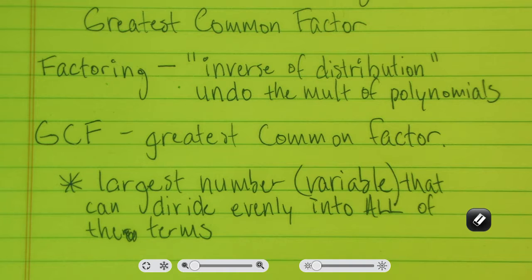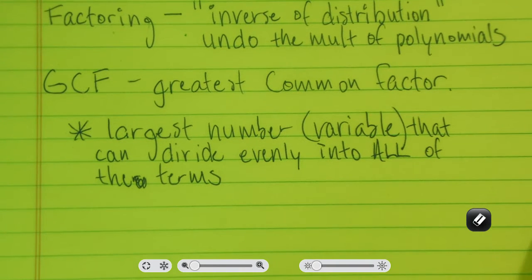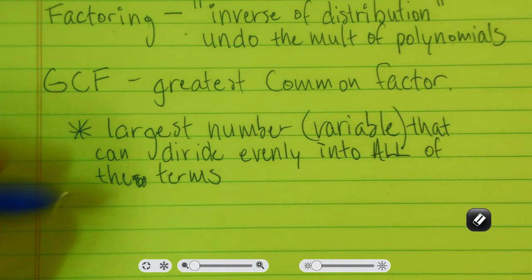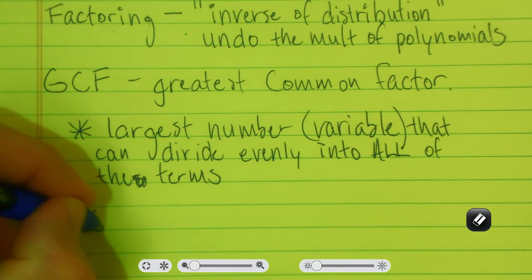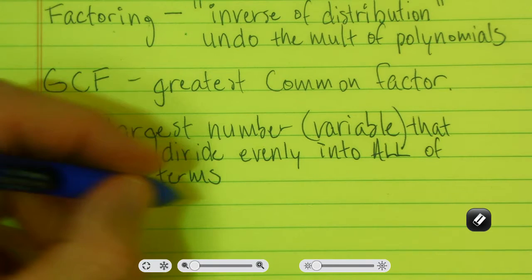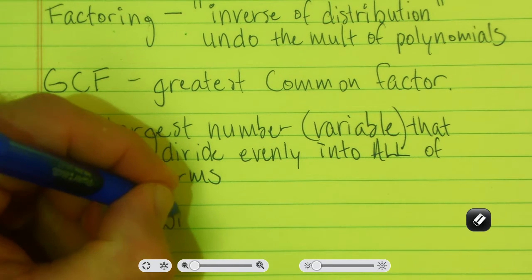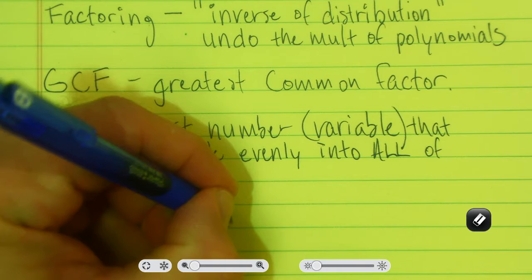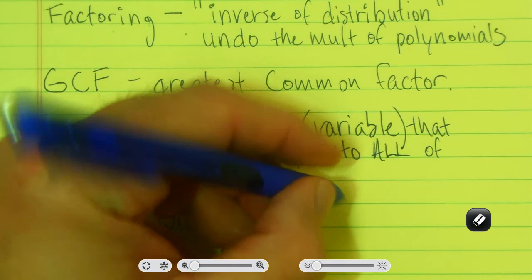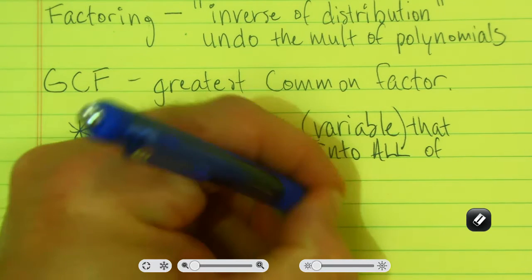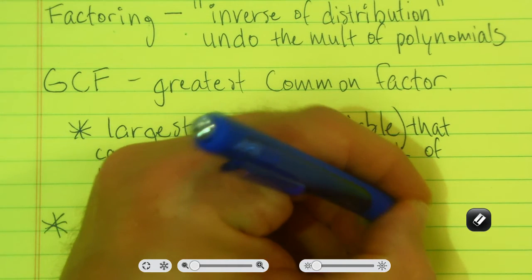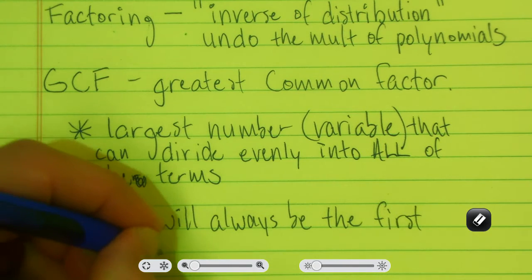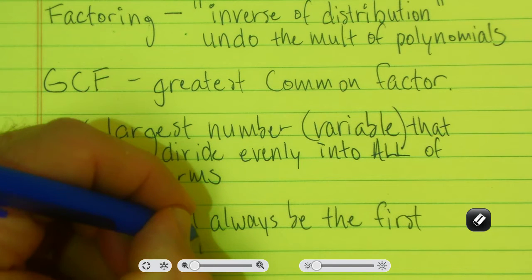Now, it's really important to note here that as we are going to be doing various types of factoring throughout Unit 9, the greatest common factor will always be the first step in factoring.